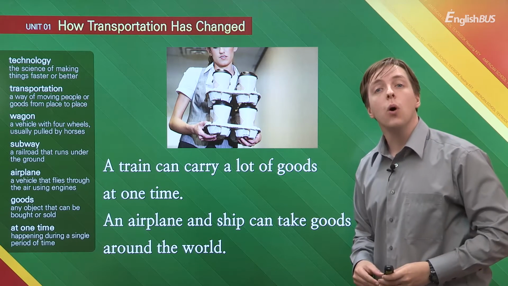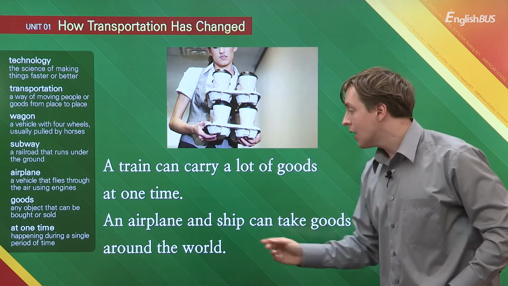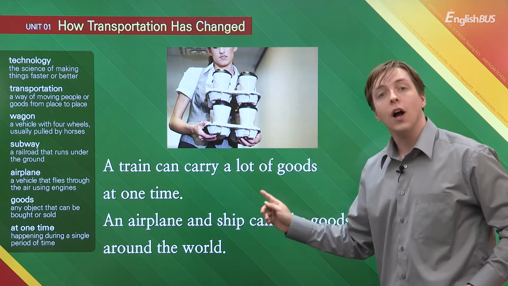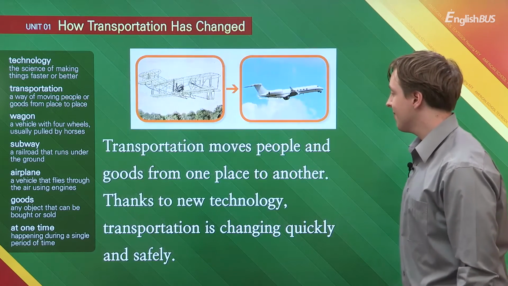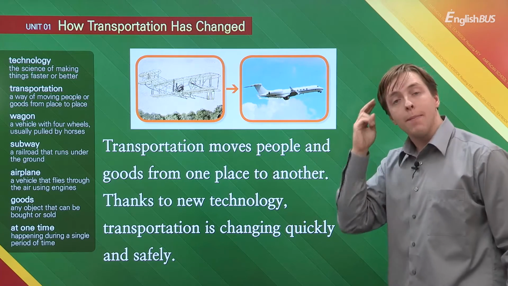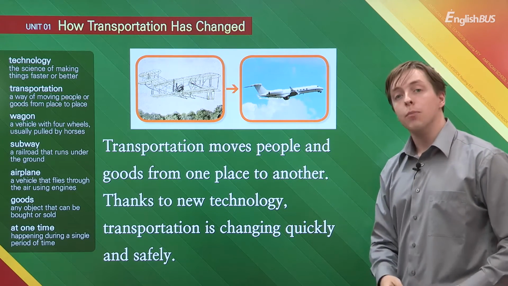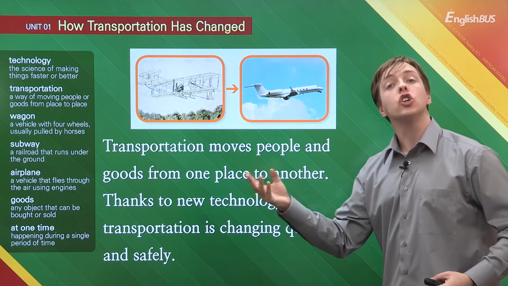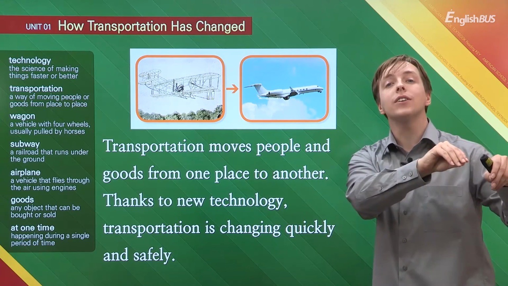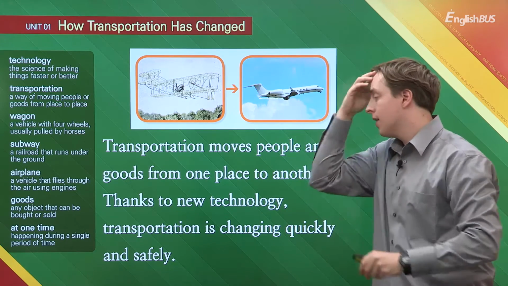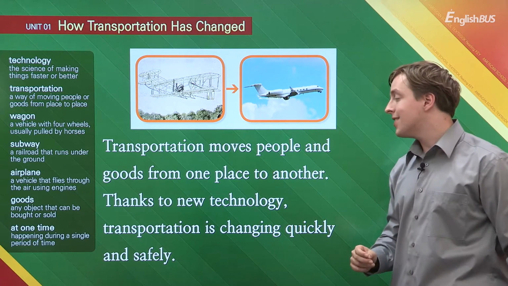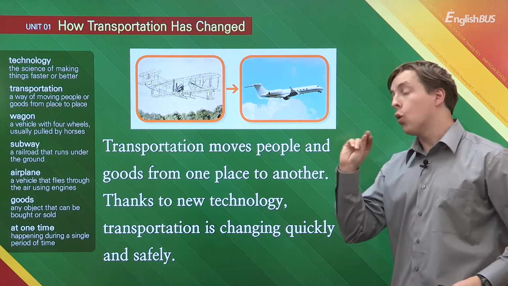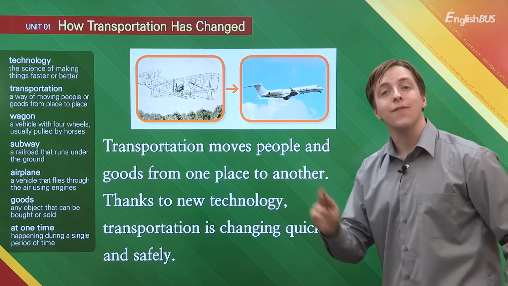And we use modes of transportation like an airplane or a ship to do this. Remember, transportation moves people and goods from one place to another. Thanks to new technology, transportation is changing quickly and safely.